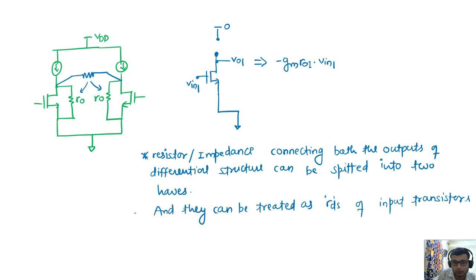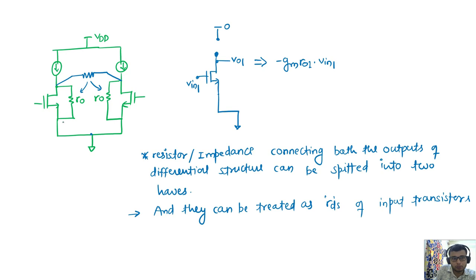So this was the thing I was trying to make clear. Whatever impedance is available in between, whether it is a capacitor, inductor or resistor, any impedance in between can be split into two halves, and the midpoint can be shorted. Shorting means if the midpoint is shorted, this node is also shorted.